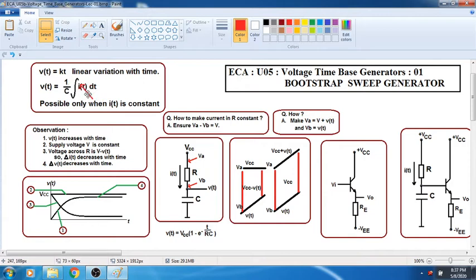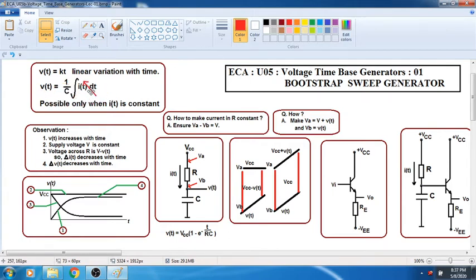See, when i is constant, it will come out of the integral. So, this will become a constant here, constant divided by constant, that is a constant, we will call it as K integral dt. What is integral dt? Integral dt is t. Of course, there may be some other constant here, but that is the initial value of the voltage.